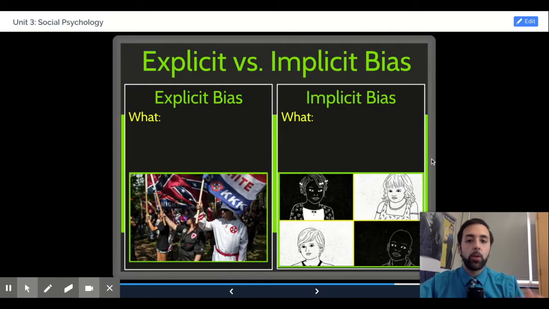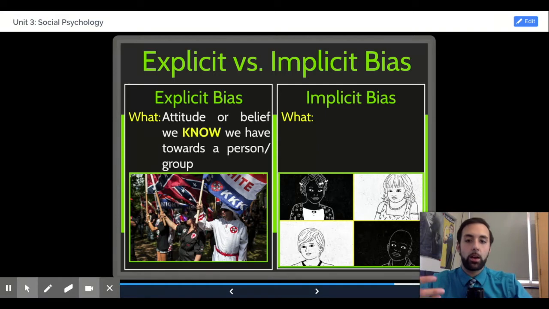Following the box right below that is the difference between explicit and implicit bias. It's really important to identify these two terms because in the midst of this essential task, we're going to be talking about interactions with other people. Some interactions and some forms of prejudice and discrimination are explicit, meaning the individual who is exhibiting the prejudice or the discrimination clearly knows that they have these beliefs or attitudes, or in some cases acts upon them through the form of discrimination.